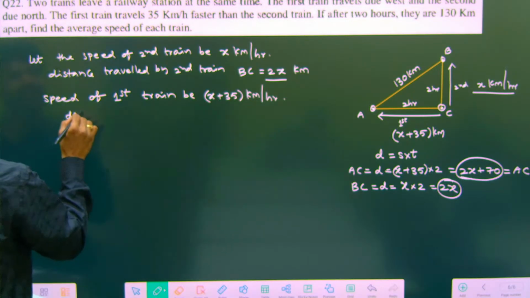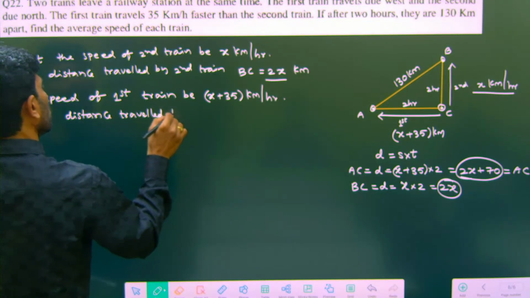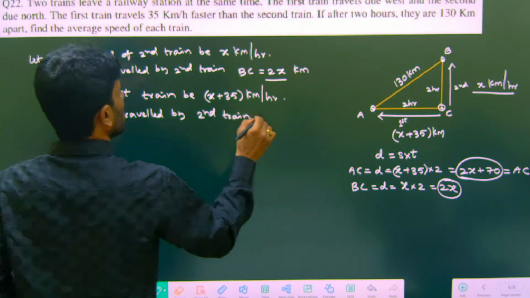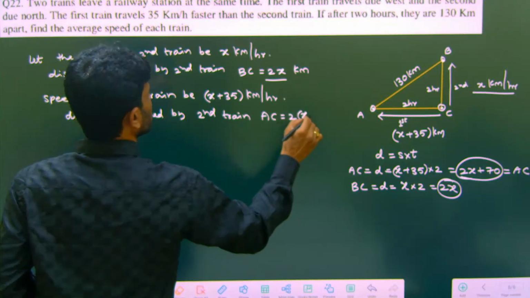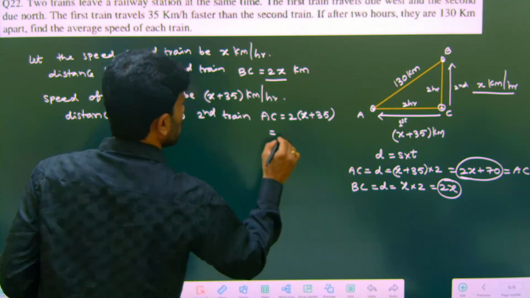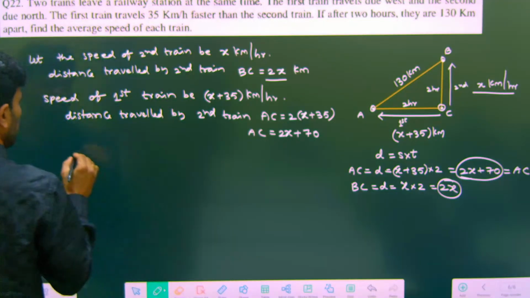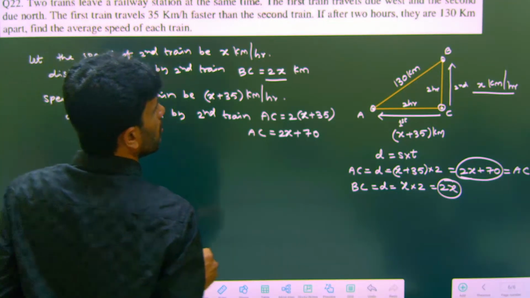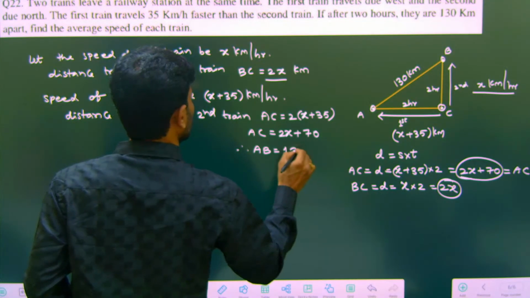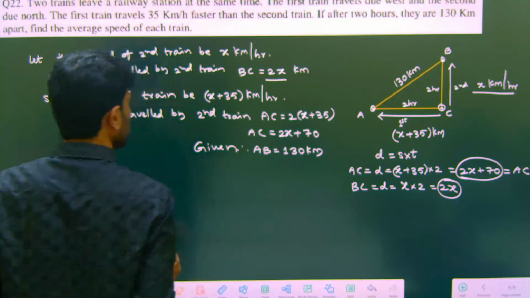The distance traveled by the first train, AC, is equal to 2 into (x plus 35), that is 2x plus 70. And we already know AB is equal to 130, given.